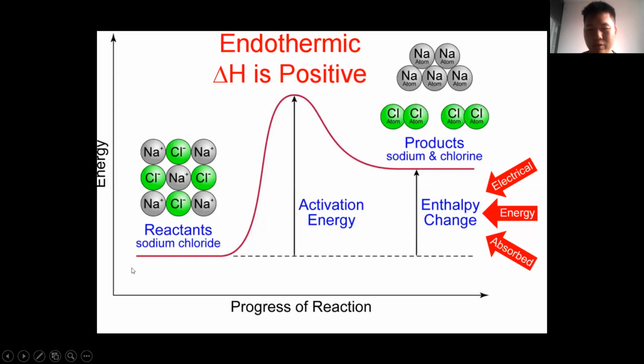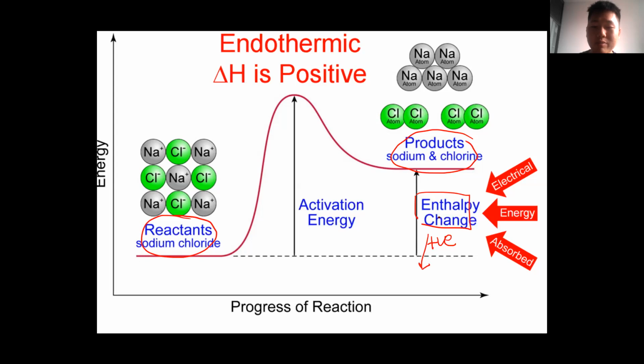If we look at this energy profile diagram, we know that because it is an endothermic reaction, the energy level of the reactants will be lower than the energy level of the products. So this is how you draw the energy profile diagram. The enthalpy change here is positive, and this is the energy given.